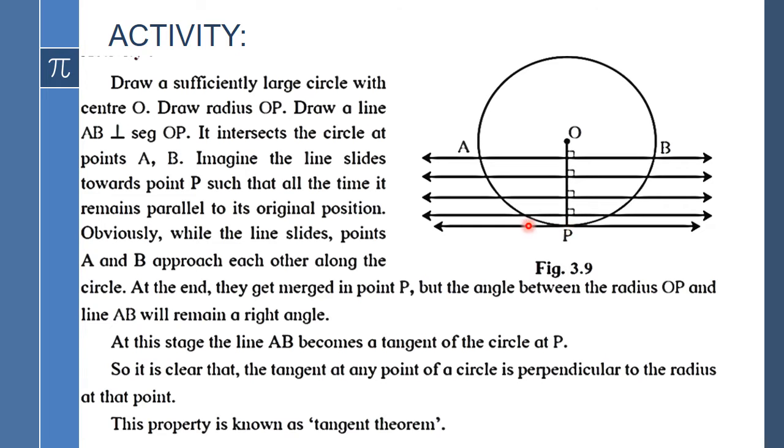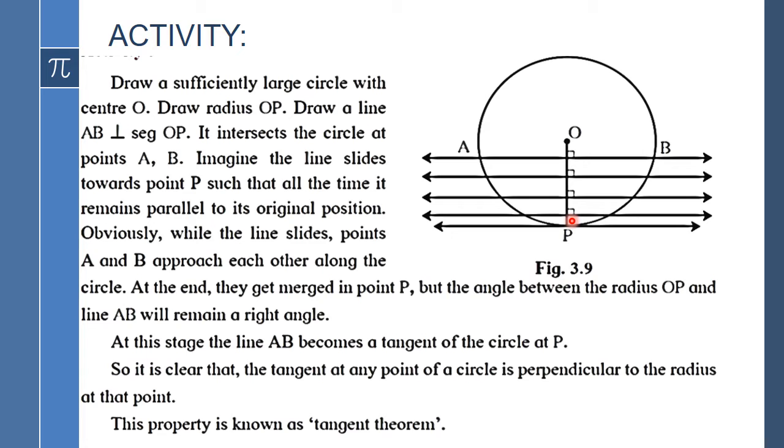Now this line is like a tangent. We were sliding it in a straight line, parallel to the original position, that means this tangent is perpendicular to the radius. Since we were sliding a perpendicular line towards the end, the tangent should also be perpendicular to the radius.